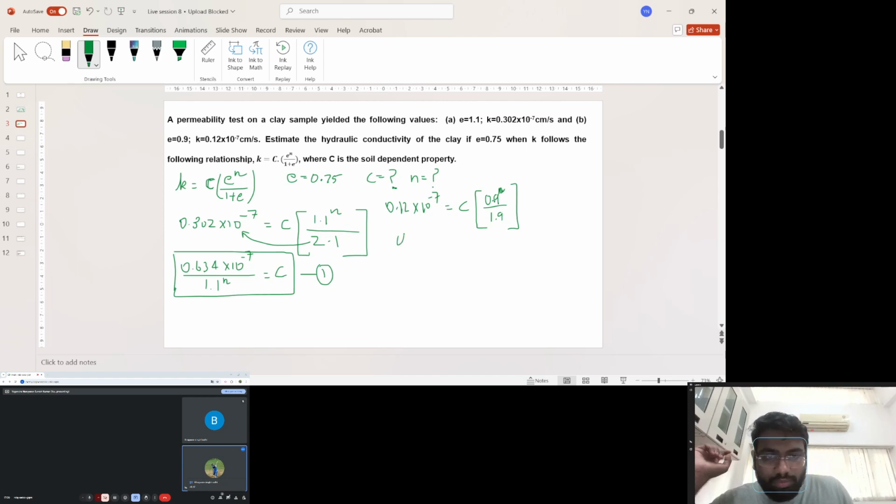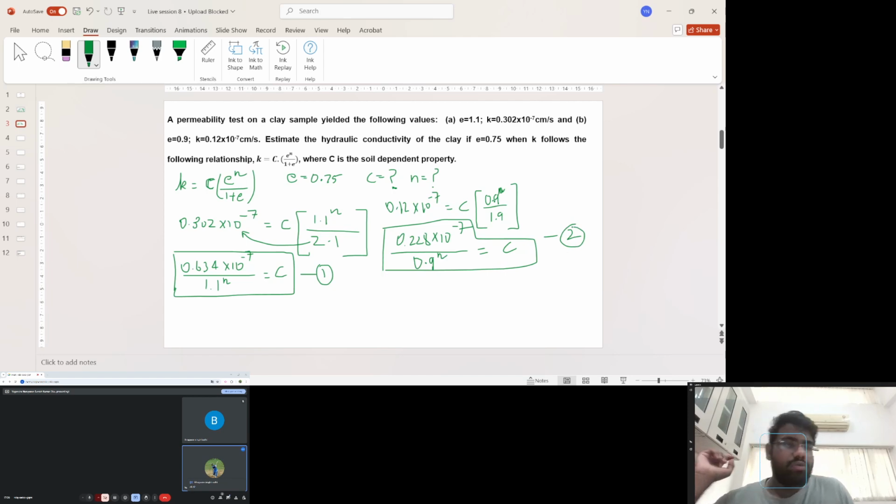It will come to 0.228 into 10 power minus 7 by 0.9 power n is equal to C. So this will be equation 2.